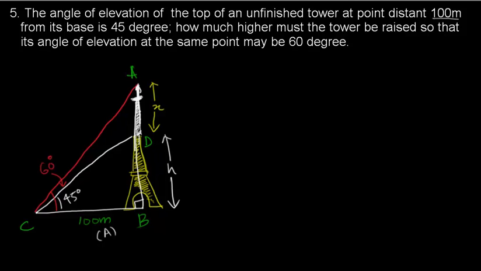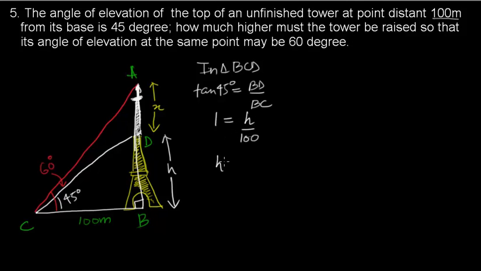In triangle BCD, BD upon BC, the opposite upon adjacent, is tan theta. Here theta is 45, so tan 45 is 1. BD we denote as h, and BC is 100. So the value of h is 100 meters.